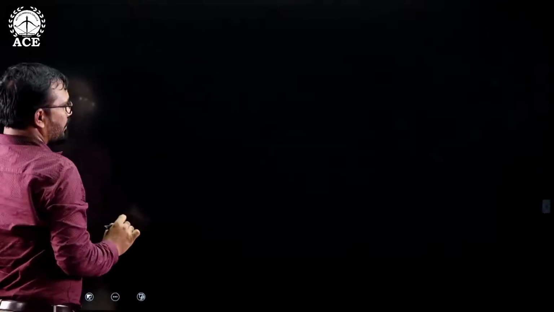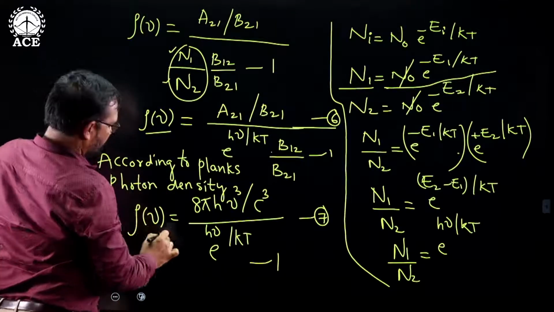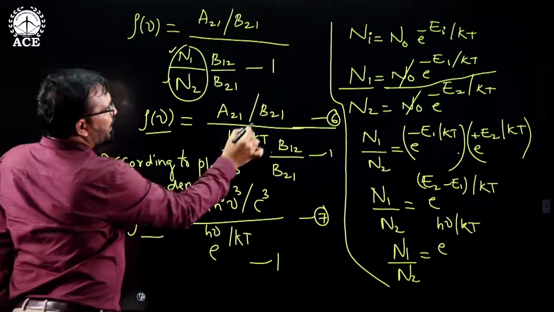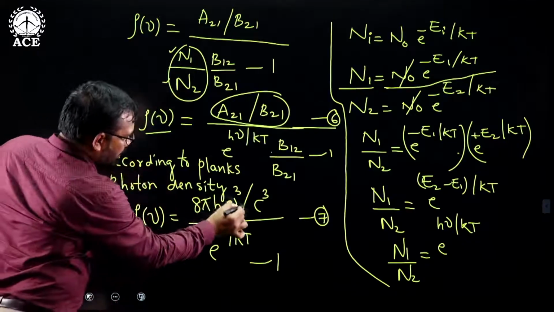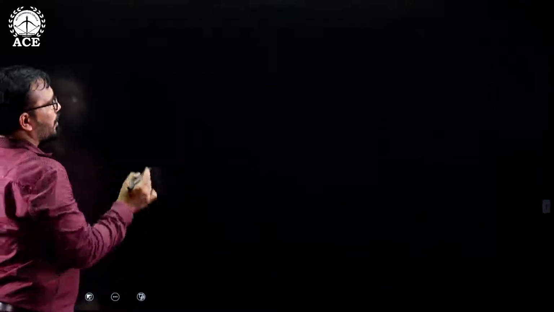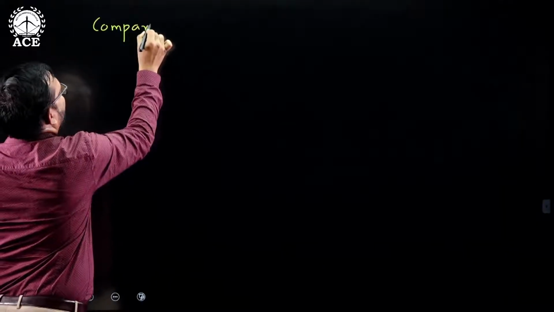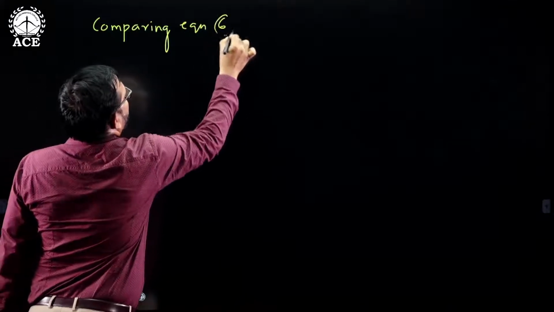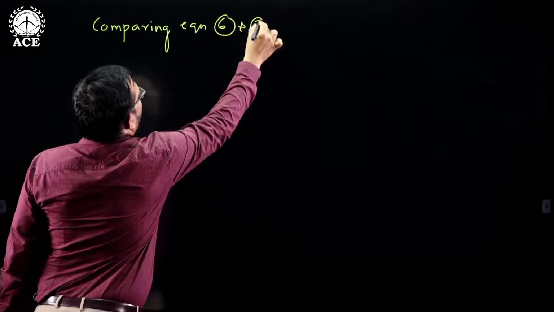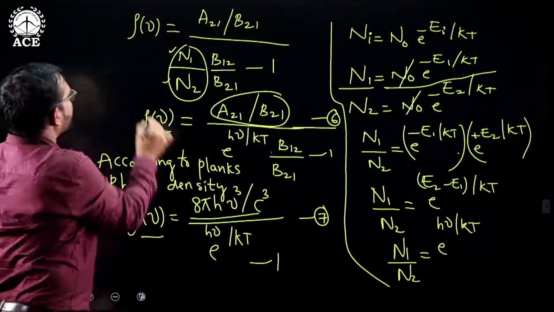Comparing equation 6, this one is rho nu only, and this term A21 by B21 is nothing but this term. So comparing equations 6 and 7, both are equations of photon density.